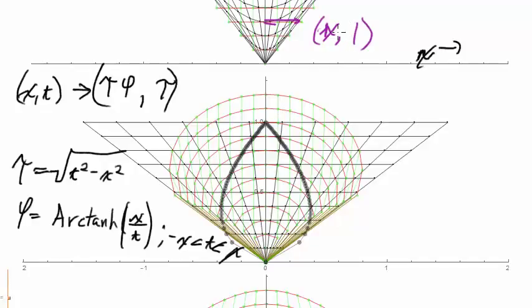So here is the limit of the arctanh of x over 1 as x approaches 1, and it comes out to be, oh wait, no, that comes out to be infinity.